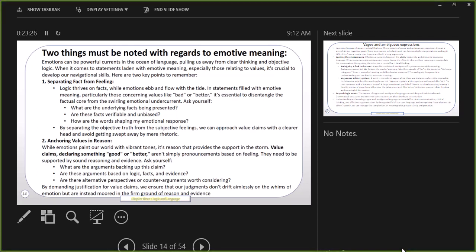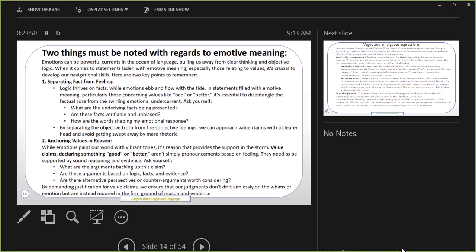The second thing is supporting values with reason. Value claims, such as claiming something is good or bad, right or wrong, are not bad by themselves. We need to disengage, separate them, and support or augment them with reason.